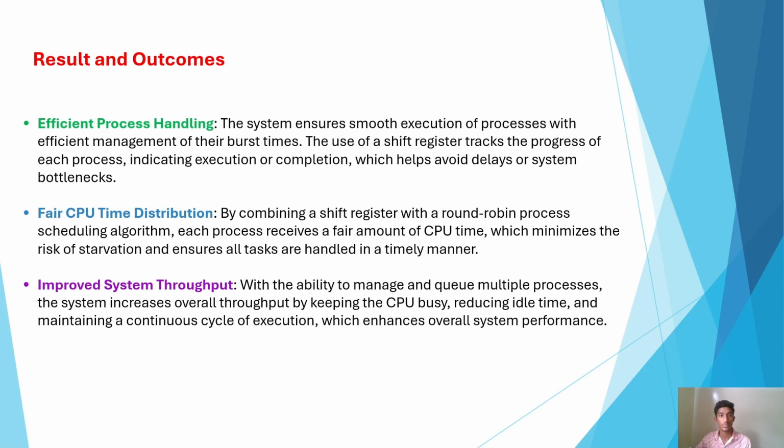Improved system throughput: with the ability to manage and queue multiple processes, the system increases overall throughput by keeping the CPU busy, reducing idle time and maintaining a continuous cycle of execution, which enhances overall system performance.